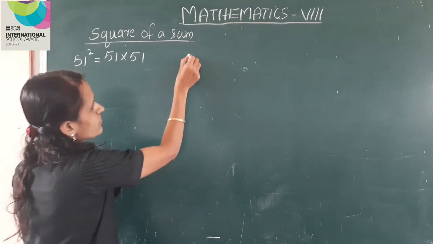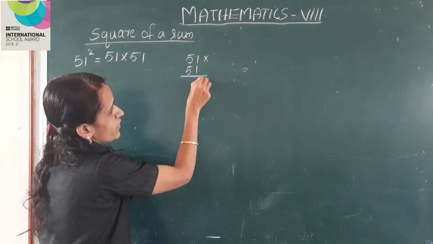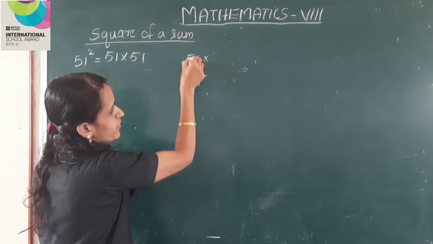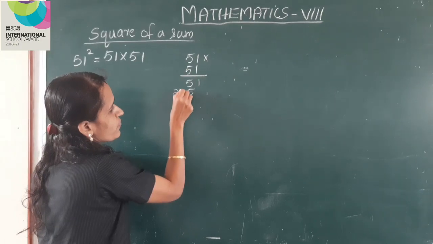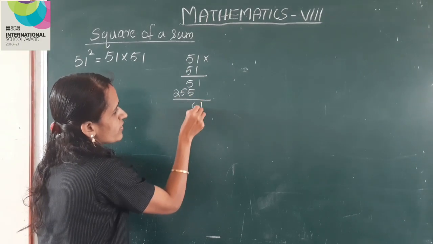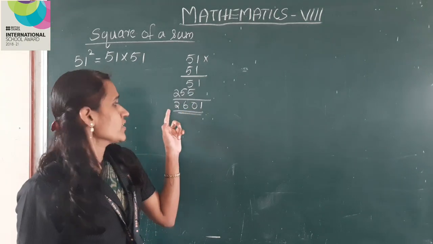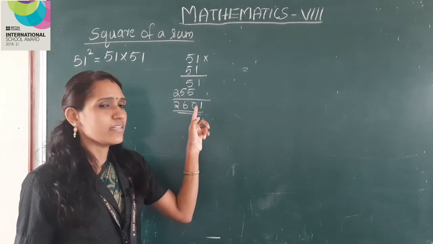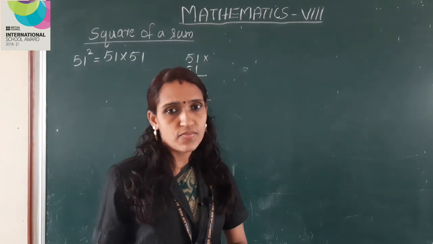Multiplying it, 51 into 51: 1 into 1, 1; 1 into 5, 5; 5 into 1, 5; 5 into 5, 25. Adding, we get 2601.